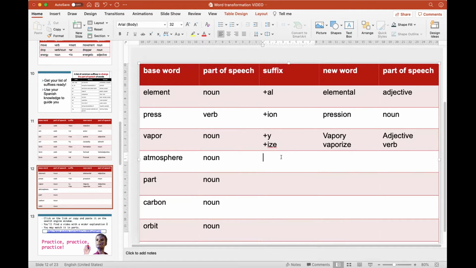Very nice. Atmosphere. Atmospheric. And we get an adjective. Excellent. And then part.